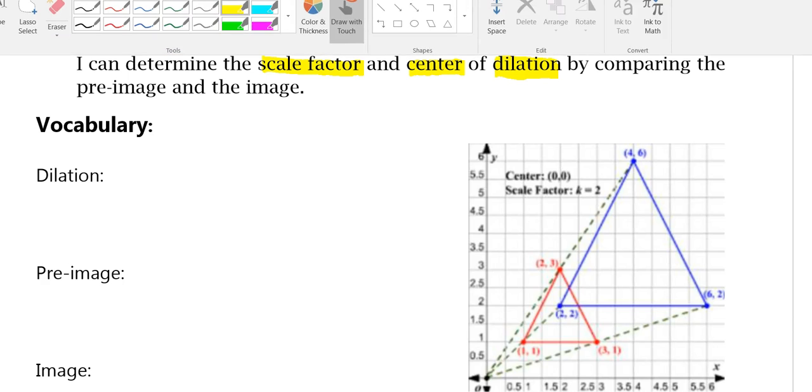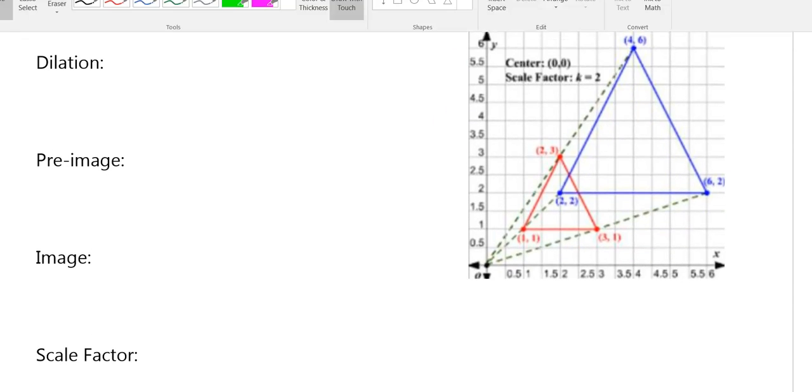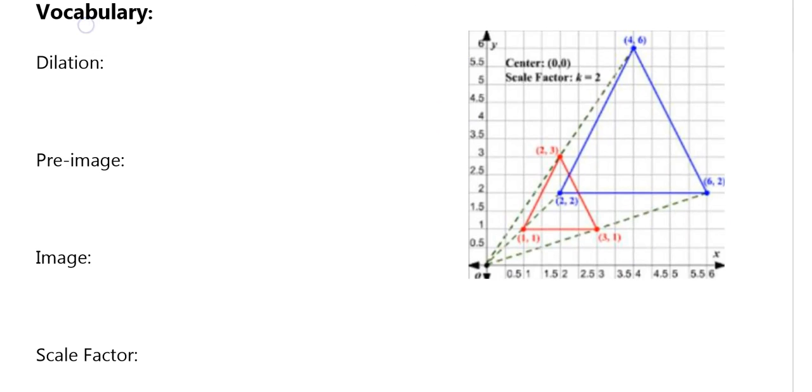Since it is the beginning of a unit, we are going to be starting with a lot of vocab, so bear with it. So what is a dilation?